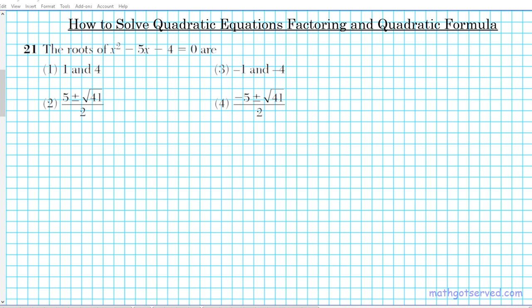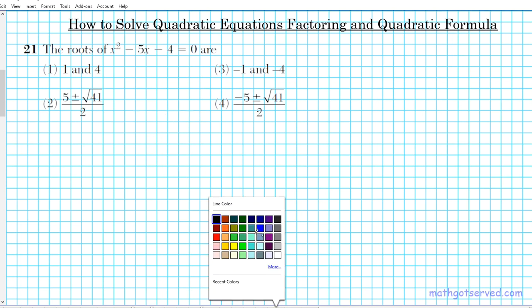Now, what you will notice if you inspect the options is that options 1 and 3 indicate that the roots are rational. Remember, rational numbers do not have radical components in their simplest form. And options 2 and 4 indicate that the solutions are irrational.